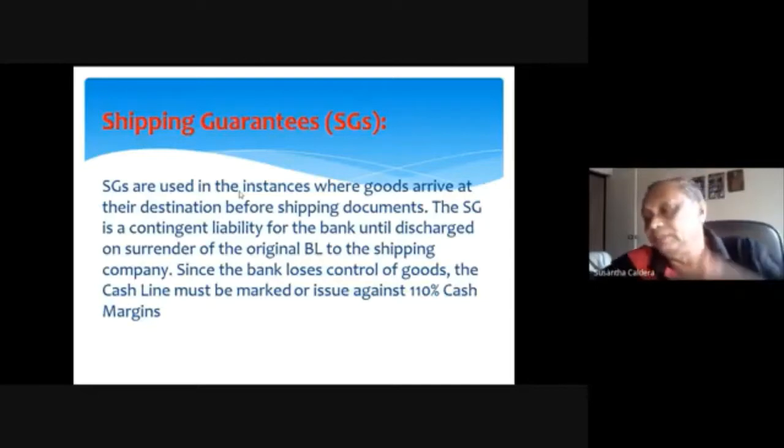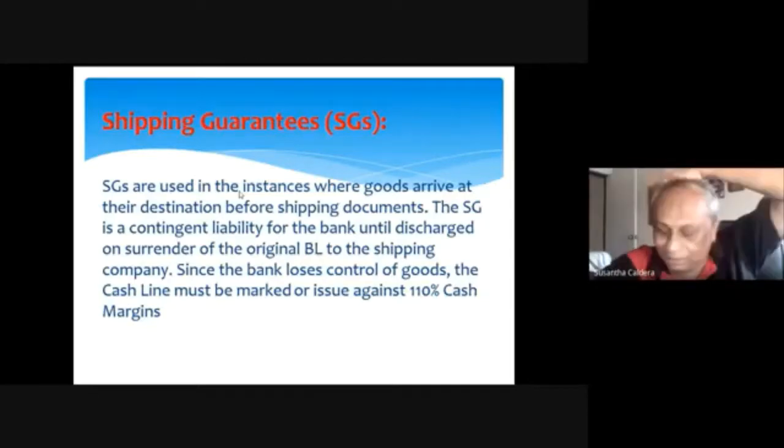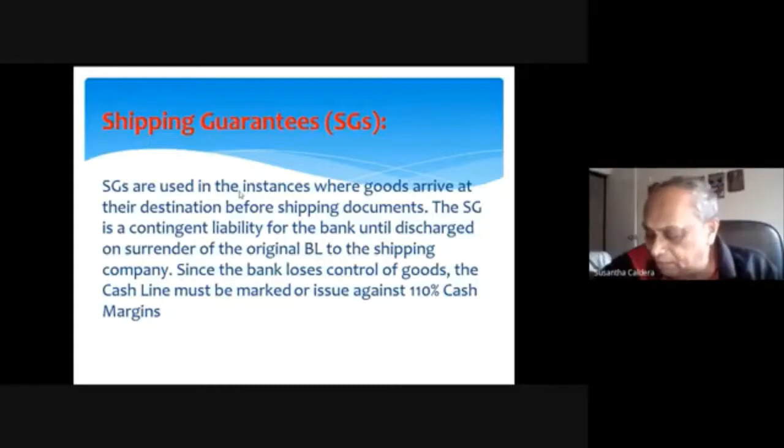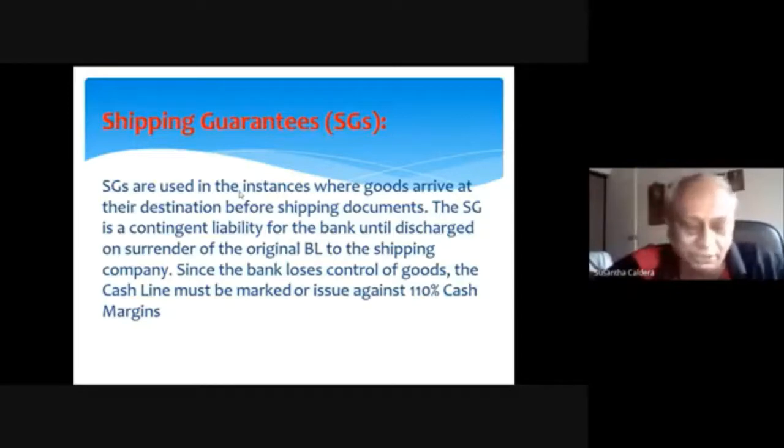That's wrong. If the goods are for 10,000 and the commercial invoice is for 10,000, you have to mark the shipping guarantee line with 30,000. You must mark 300%.